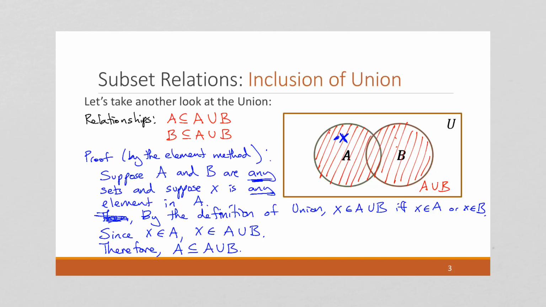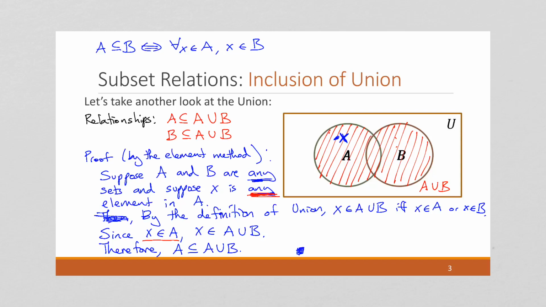And again, if you're a little confused by that, you can go back to the previous video where we defined subsets. But again, we said that A is a subset of B if and only if for all elements X in A, X is also in B. And we just said that X is in A, and we kept X very generic.